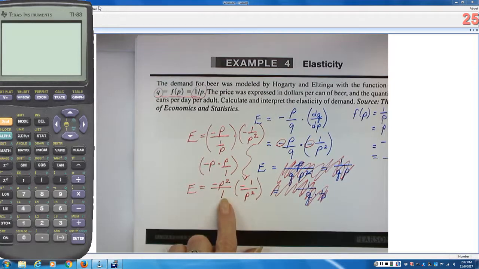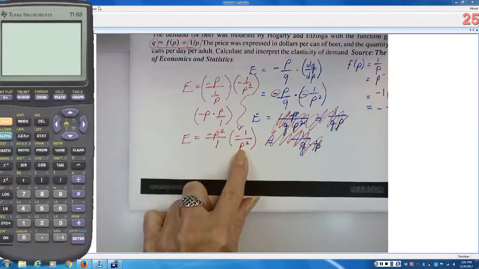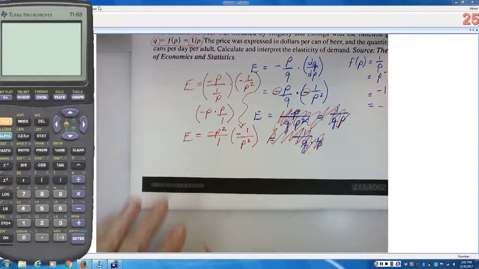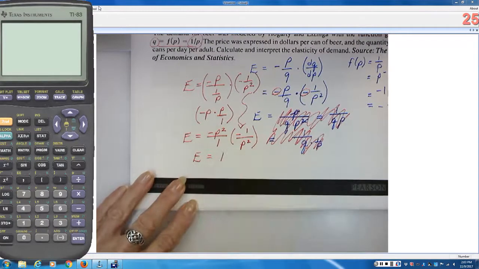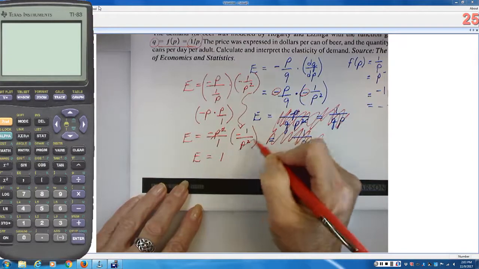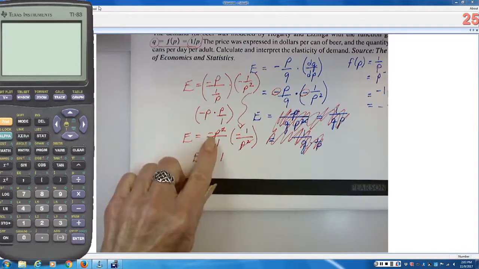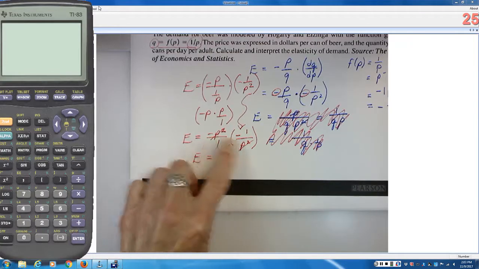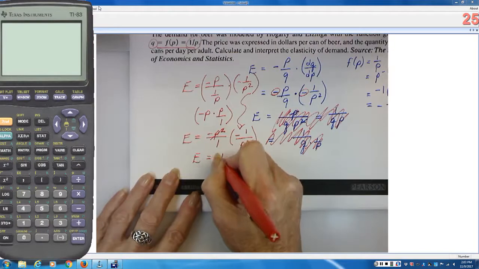So what is negative P squared over 1 times negative 1 over P squared? 1. Because your P squareds cancel. It would be positive 1 because negative times negative is positive.